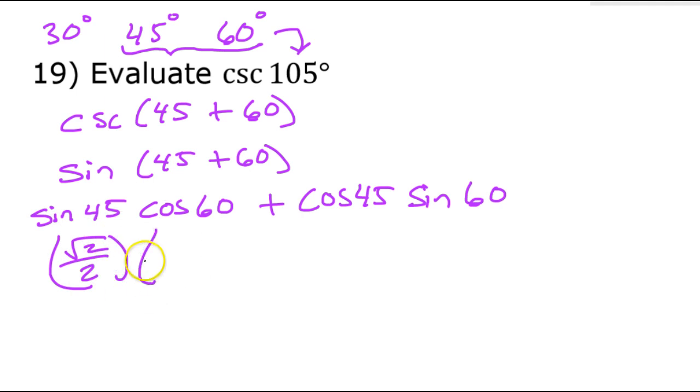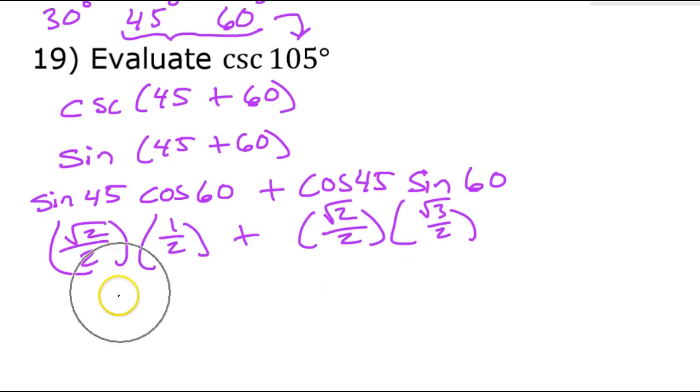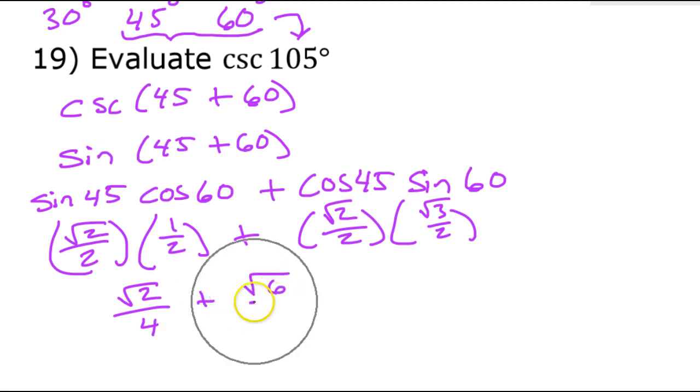Cosine of 60 is 1/2. Cosine of 45 is radical 2 over 2. And sine of 60 is radical 3 over 2. If you have not memorized these values, make sure you memorize them. So this is going to give me radical 2 over 4 plus radical 6 over 4.